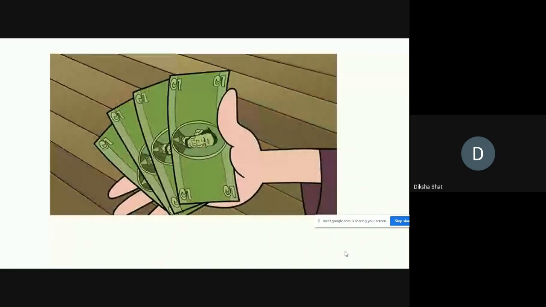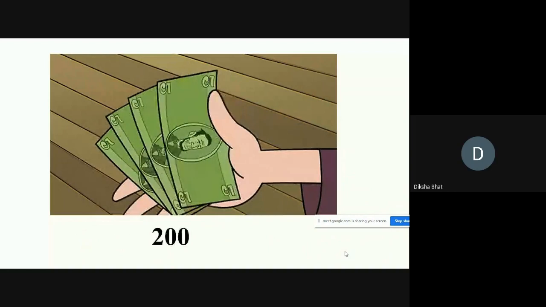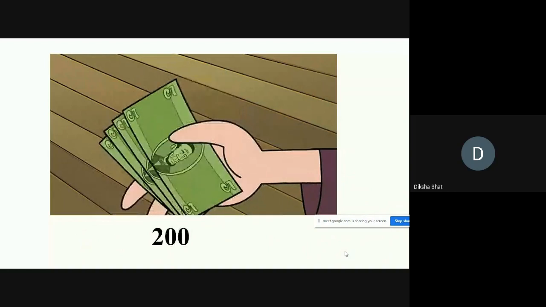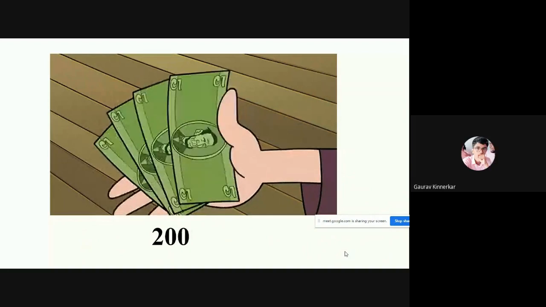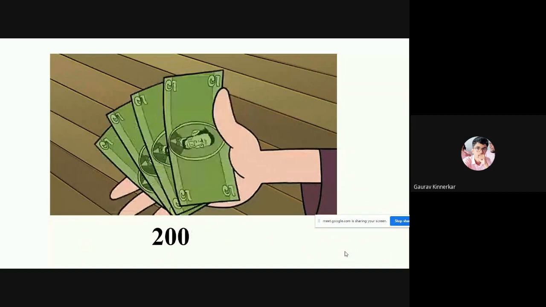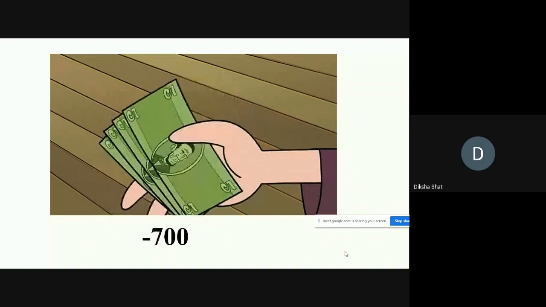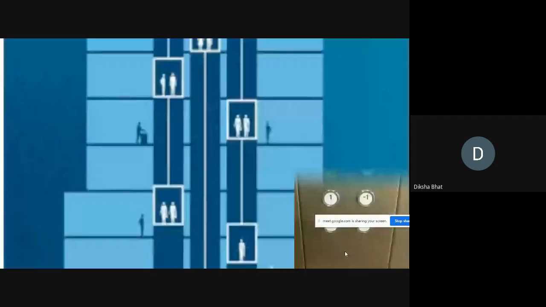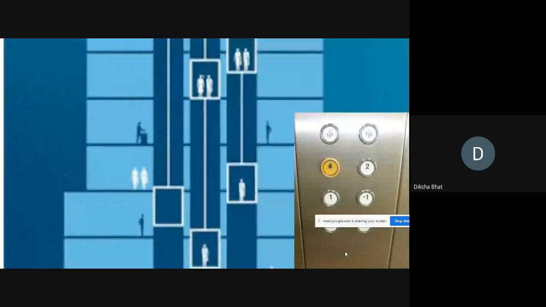Deposit of 200 rupees. +200. Yes, correct. Withdrawal of 700 rupees. -700. Yes, very good. You must have seen these numbers in the lift. What does a negative number represent?